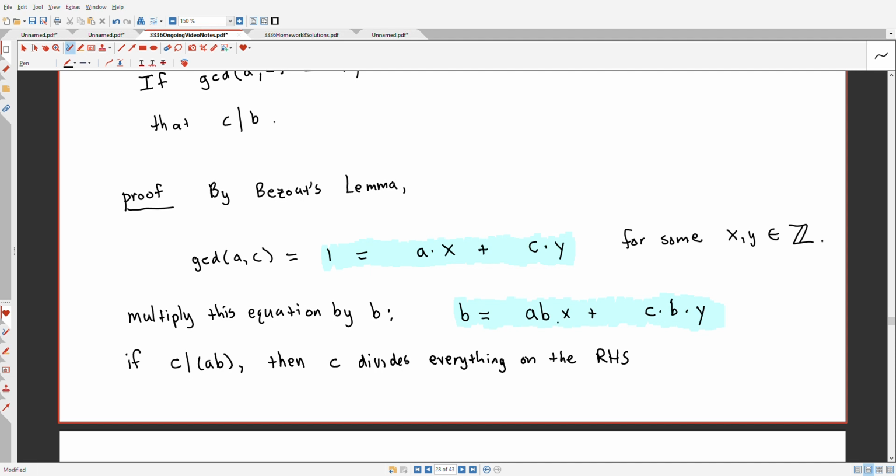So, right, C divides this number, C divides this number, so C divides the whole thing. This implies C divides the left-hand side, which is to say, in other words, C divides B. And that was our conclusion. If C divides A times B, then C divides B.